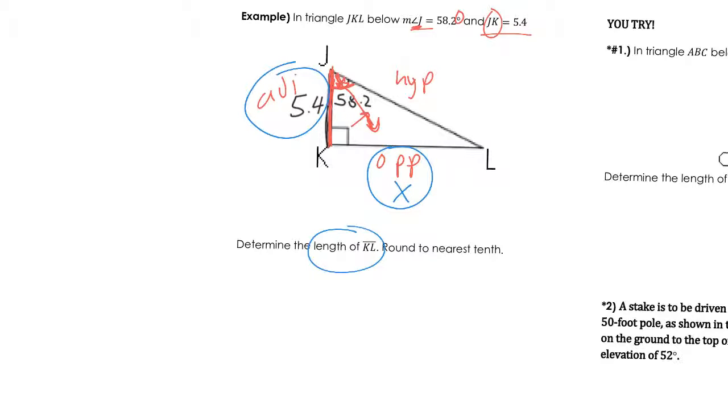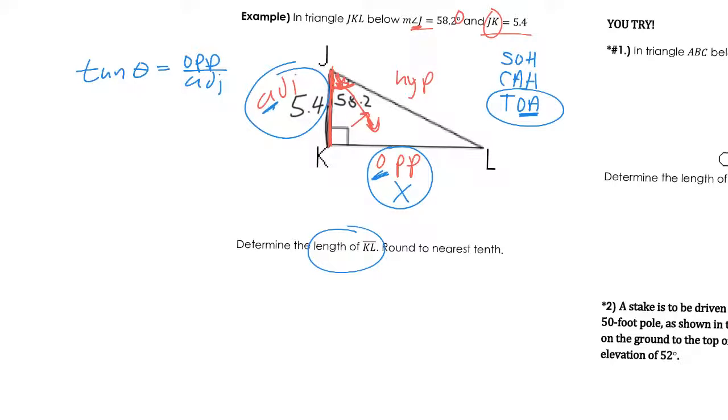So when I'm trying to figure out if I'm going to use sine, cosine, or tangent, I want to think about SOH CAH TOA. This acronym is going to help me figure out which one to use. So adjacent, A, and opposite, O. A and O are here with the T. So it's tangent. So this one is going to be tangent of my angle equals the opposite side over the adjacent, or TOA.